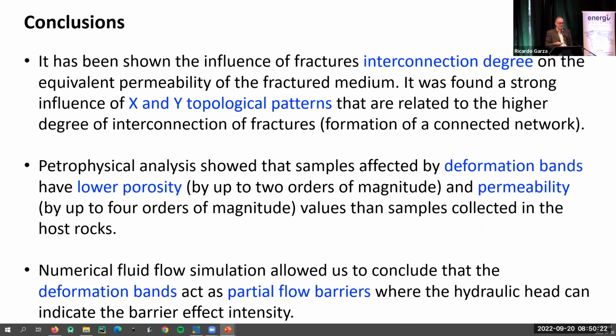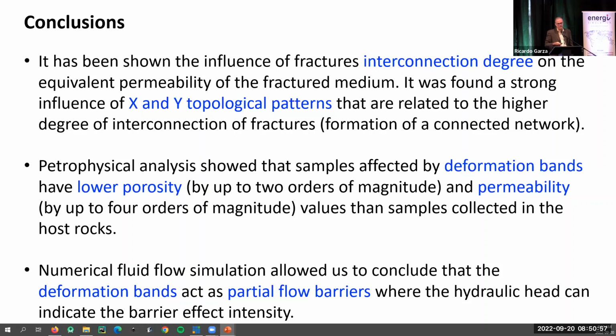The influence of the degree of fracture interconnection on the equivalent permeability has been shown. You can see more details in the papers, but a strong influence of X and Y topological patterns was found. It's something we can imagine is more or less logical, but it's important to prove with field data. That is the main idea of our work.